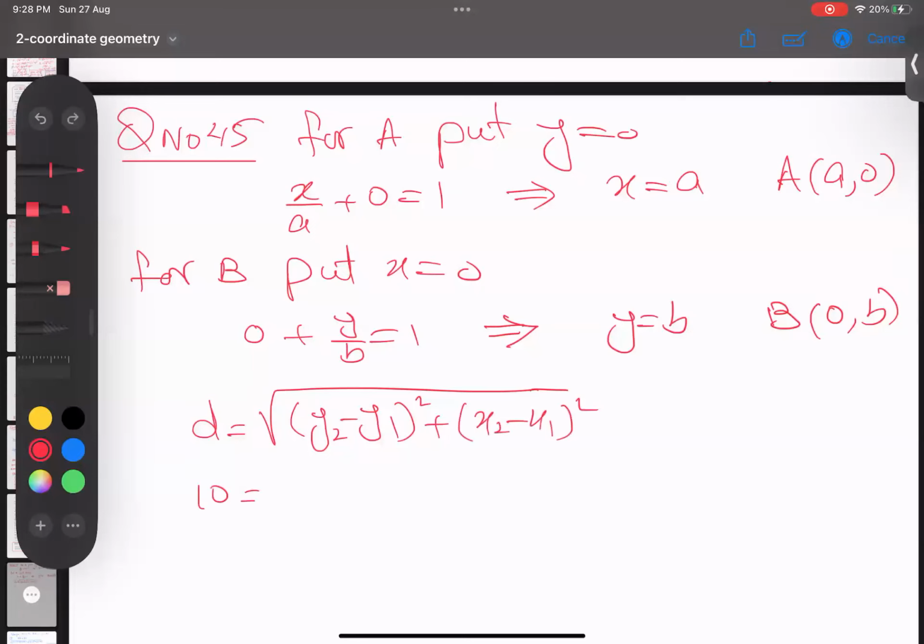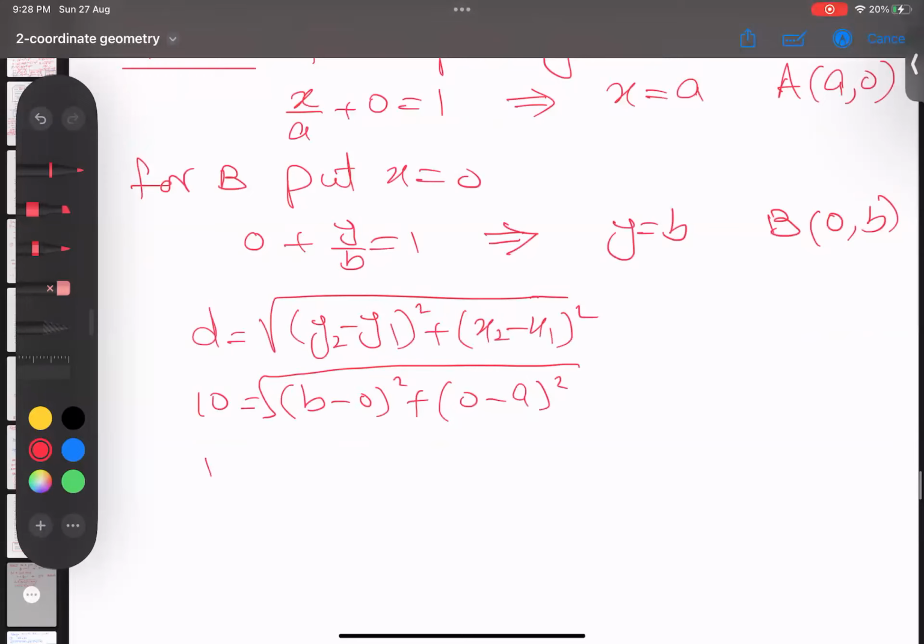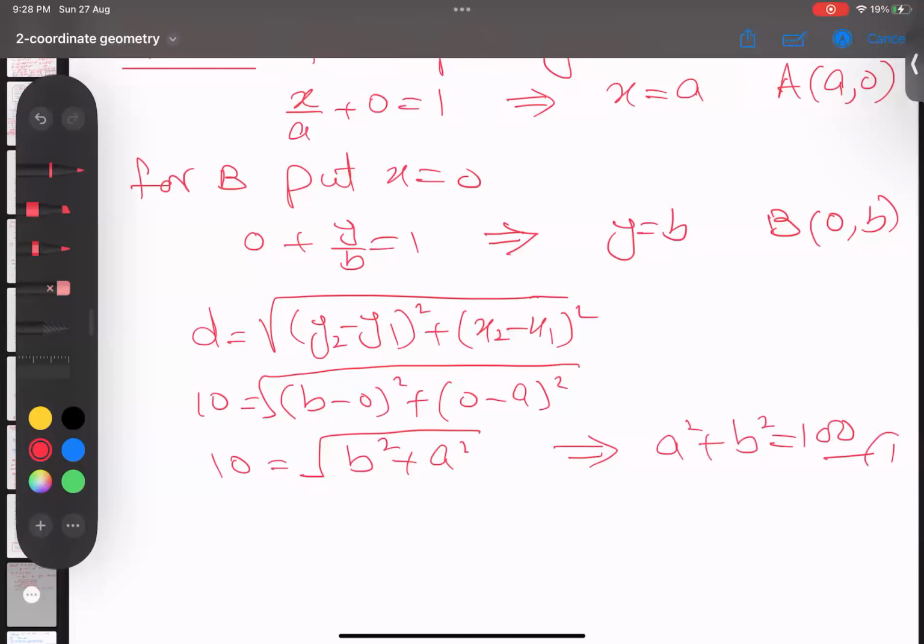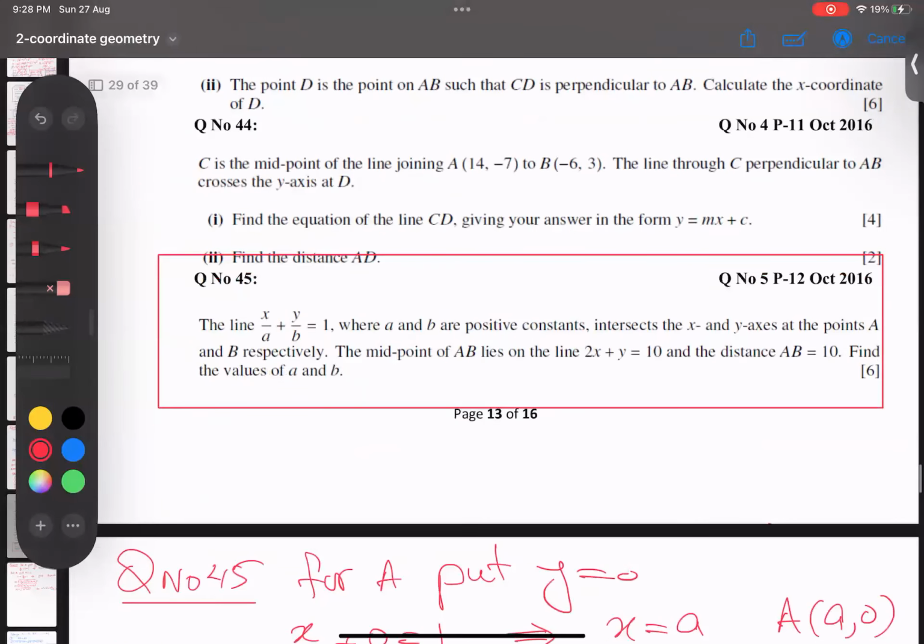Y2 minus y1 means b minus 0 whole square, and x2 minus x1 gives 0 minus a whole square. Make sure, students, this power 2 will make a negative a positive. Squaring both sides, 10 becomes 100. So a square plus b square equals 100. Equation 1 done.